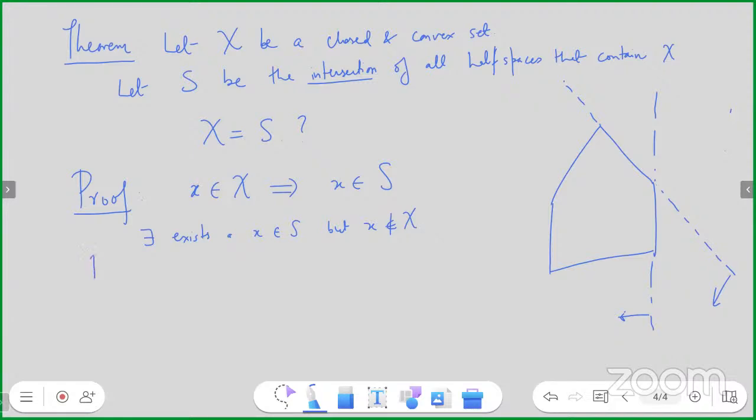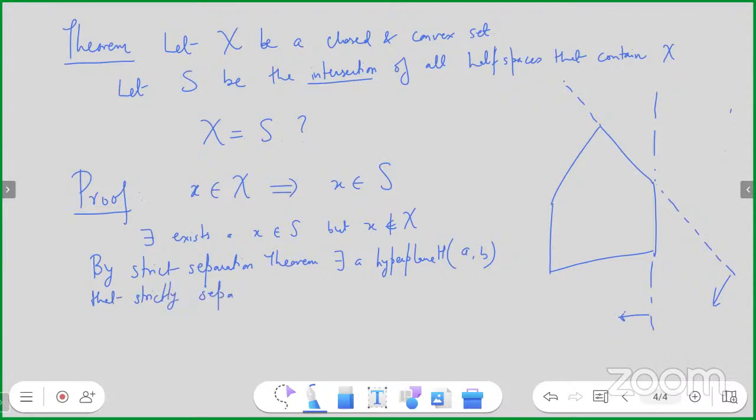So by the strict separation theorem, there exists a hyperplane. Let's call it H of a, b, that strictly separates x from chi.